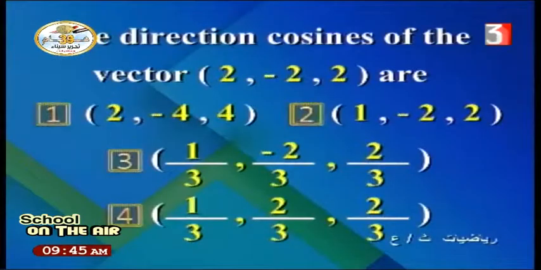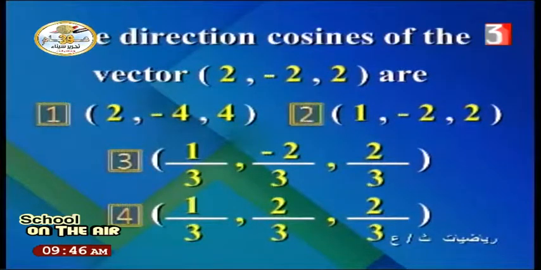The direction cosines of the vector (2, negative 2, 2) are, choose the correct answer: 2, negative 4, 4; 1 third, negative 2 third, 2 third; and so on. Remember, my dear student, this is very easy: 1, 2, 3, 4.